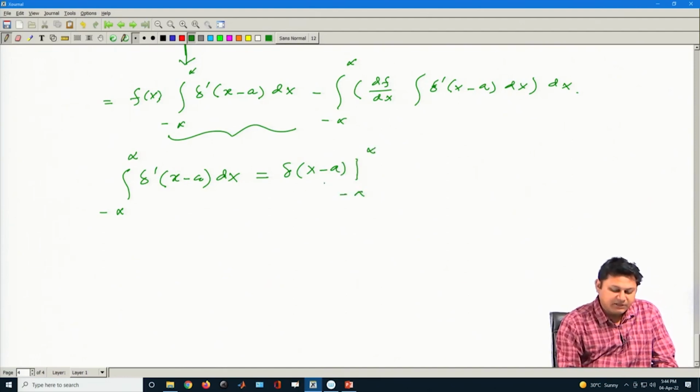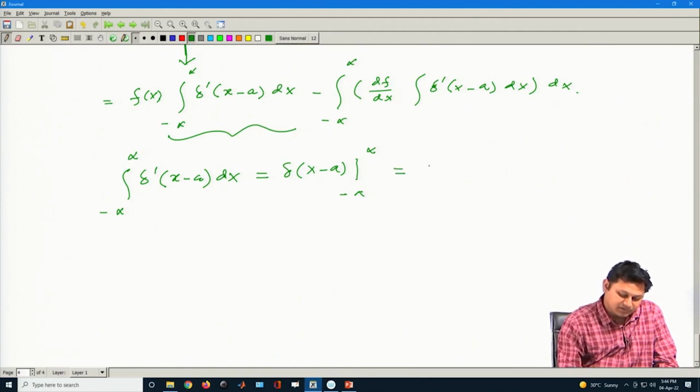Now, delta function is meaningful only at x equal to a point by definition. So, at minus infinity and plus infinity, the delta function is 0. So, this quantity is simply 0. Eventually, the first term is 0.